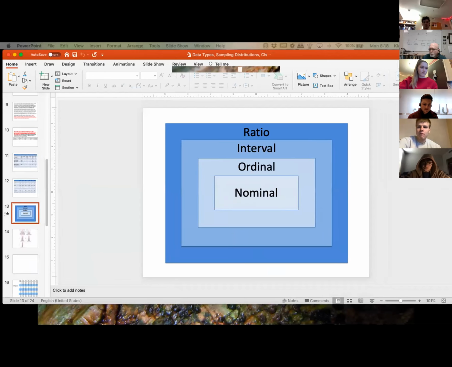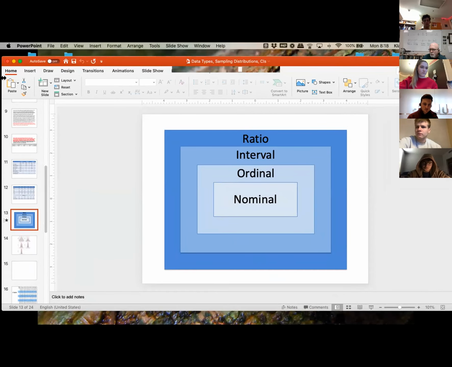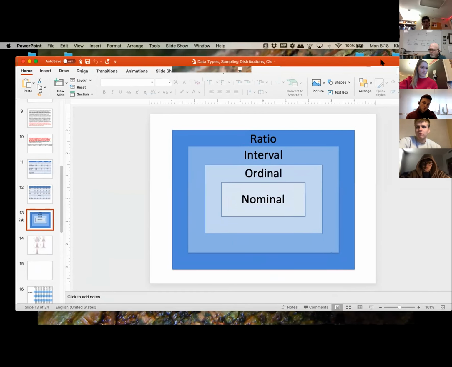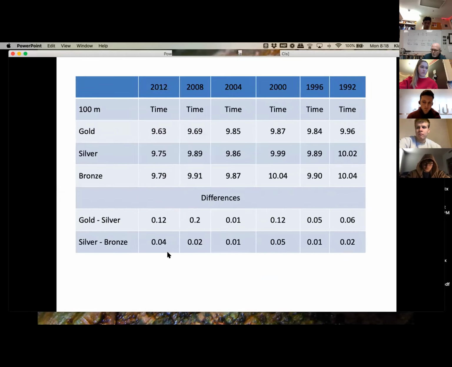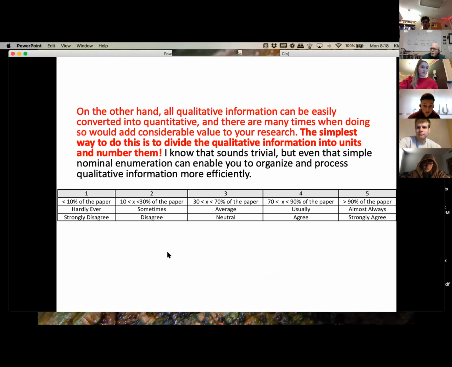So when we go to see, we were discussing these excerpts that I had given you last Wednesday, which now seems like an eternity ago. You see statements like, on the other hand, all qualitative information can be easily converted into quantitative, and there are many times when doing so would add considerable value to your research.